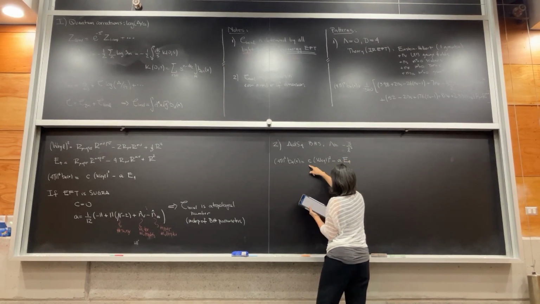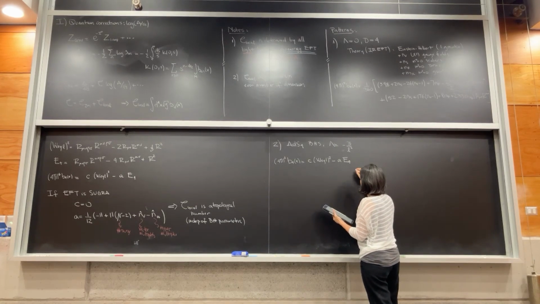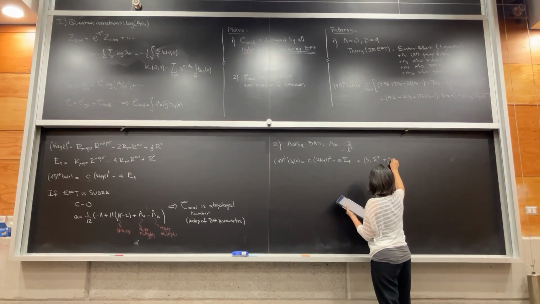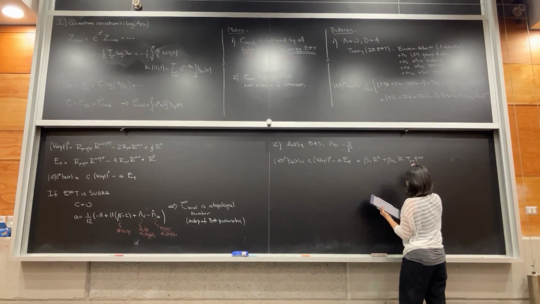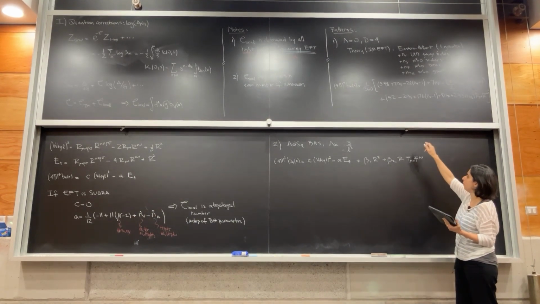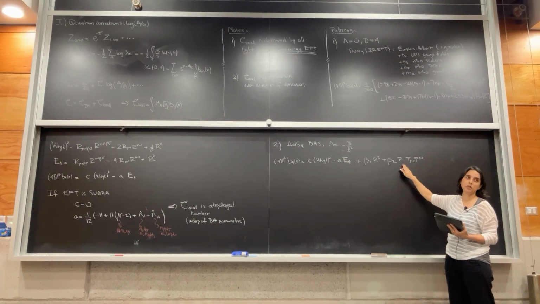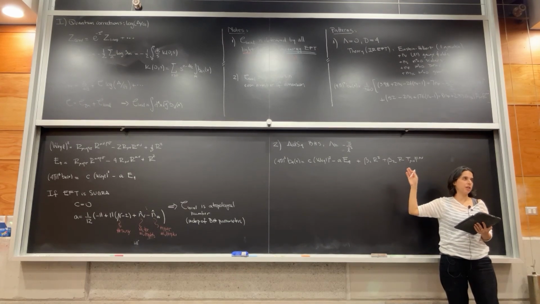There will be some coefficients A and C for the Weyl squared and the Gauss-Bonnet term, but also, because of the equations of motion of the theory, you'll get two additional terms of this form. The reason you don't get these terms above is that if you don't have a cosmological constant, the equations of motion always tell you that the Ricci scalar is 0. So that's why I didn't write them.